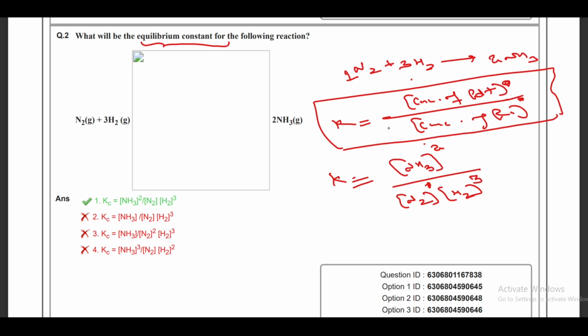So this is the equilibrium constant. This is the first option, so option A is your correct answer.